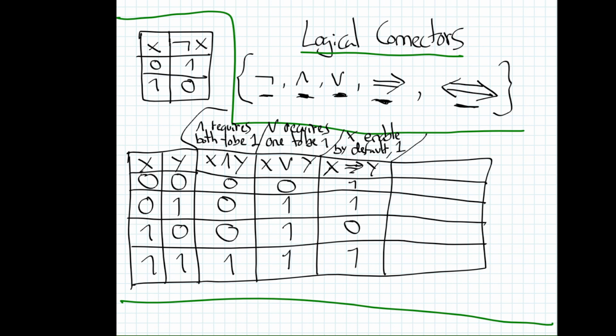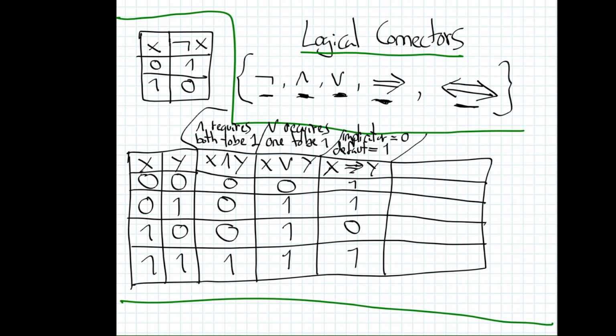So actually, let's rewrite this in a more logical sense. So if the implicator is 0, then default is 1.